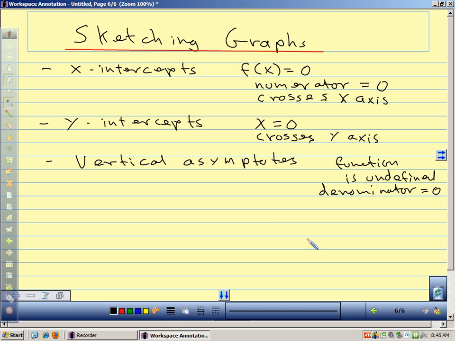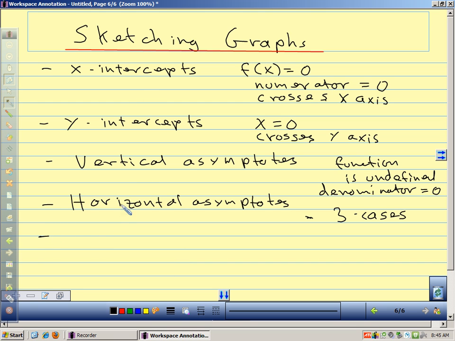Then we want to find our horizontal asymptotes. We talked about three cases to find them. I'm not going to write them all up here. The cases have to do with the degree of the numerator and the denominator.